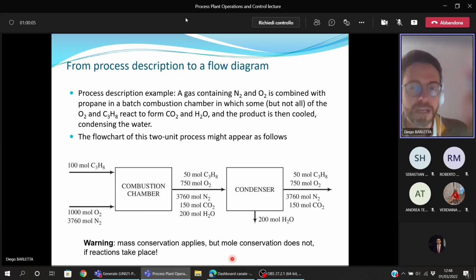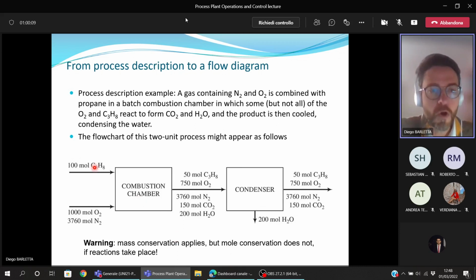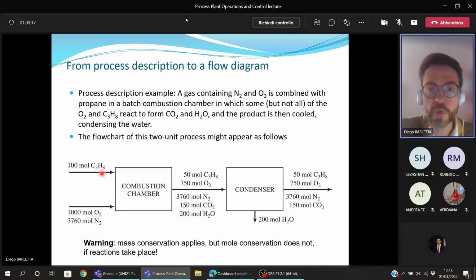It depends. If we have reaction taking place and we sum all the moles entering the first combustion chamber, this is not equal to the sum of the moles leaving in the output stream, because there is no conservation law for the mole of chemical components.